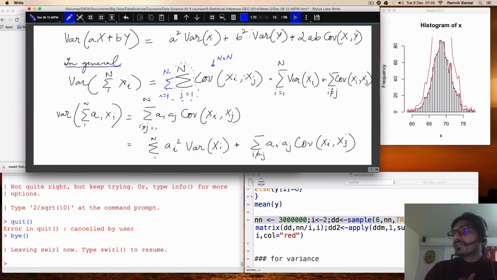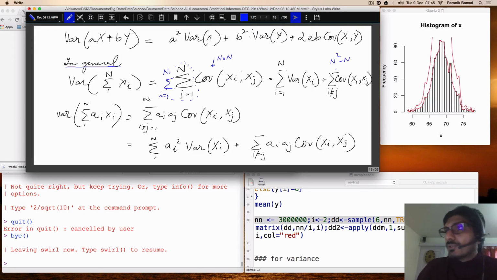So this is n by n. So I expand it. I pull out those where i is equal to j. How many will that be? N. So I take this out, and the remaining n square minus n will come here. Is this fine? Where i is not equal to j.